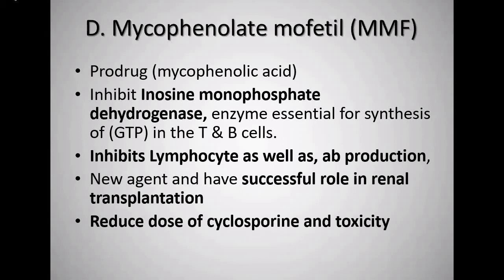So the target is this enzyme, and it basically inhibits the synthesis of the T and B lymphocytes. Again, once you inhibit these lymphocytes, antibody function will also be reduced because of B cells, and this drug has a successful role in renal transplantation, and this is a good drug you can use.